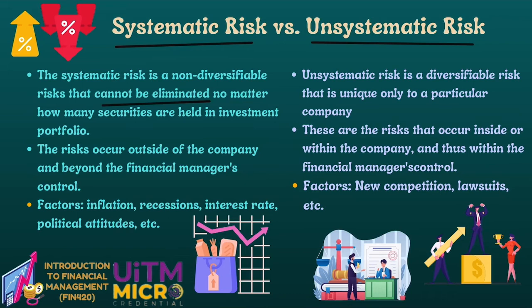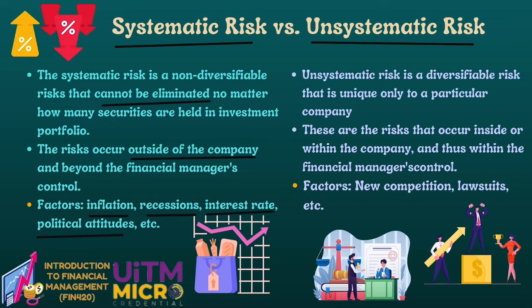The risk usually comes from outside of the company or organization. An example of systematic risk is economic risk, such as the COVID pandemic, which has impacted many businesses out there. We also have other types of risk, such as interest rate risk, political attitude, inflation, and recession.